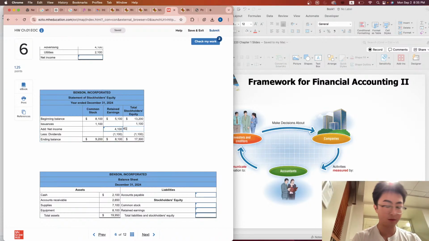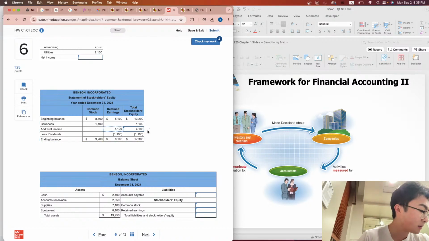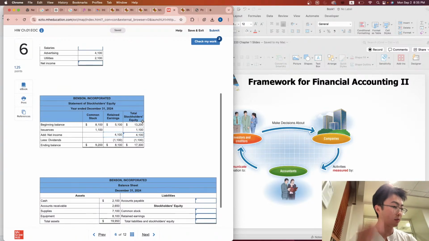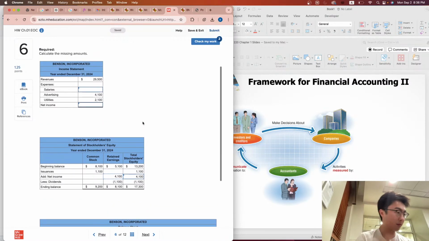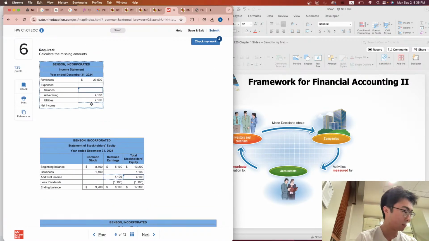Okay, and then 4,100. So this should give us 5,200 plus 13,200. So that should give us the amount. And then we have 4,100. Oh, shoot.